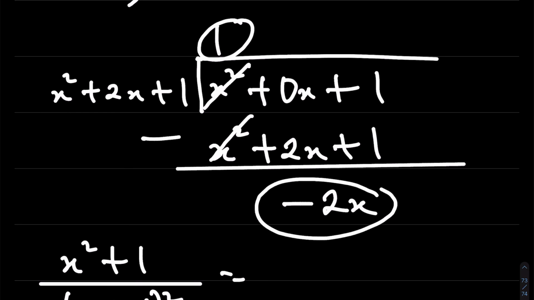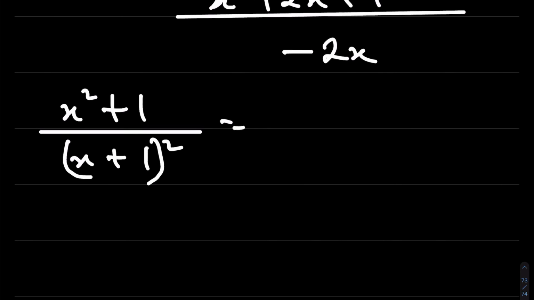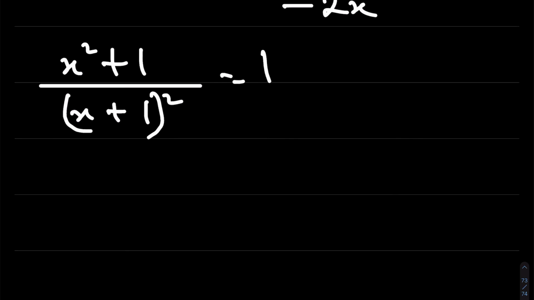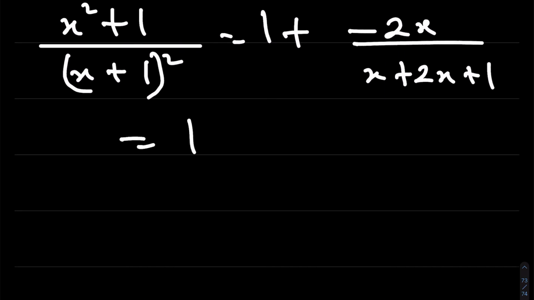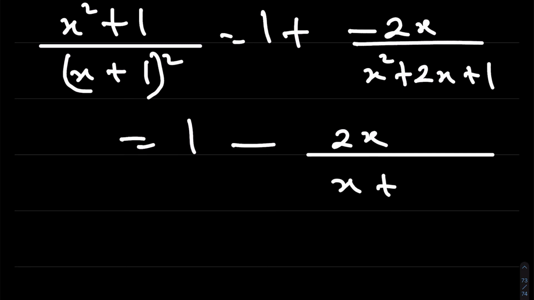That's all. So I'm just going to write 1 plus minus 2x over, the divisor is x squared plus 2x plus 1, and I can write that as 1 minus 2x over the square of x plus 1.